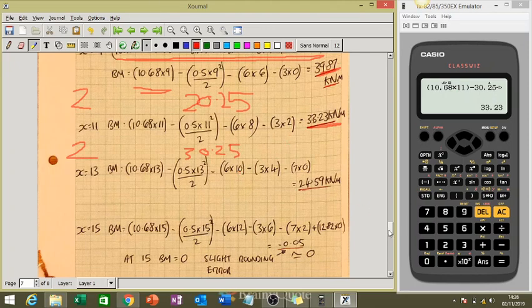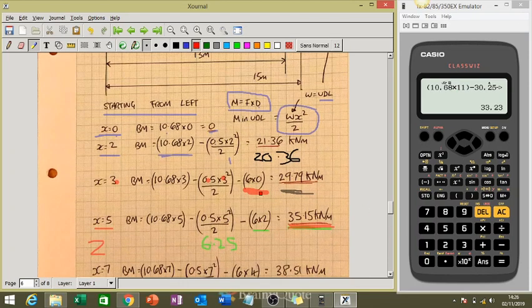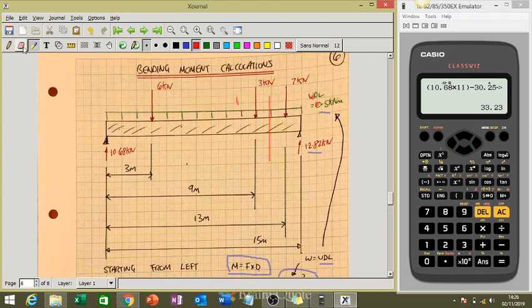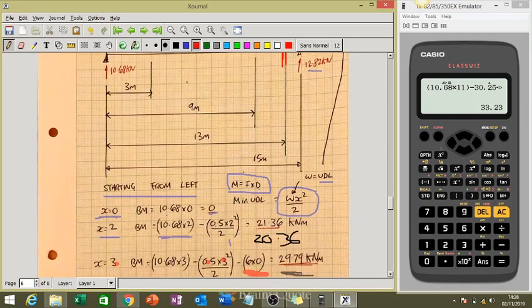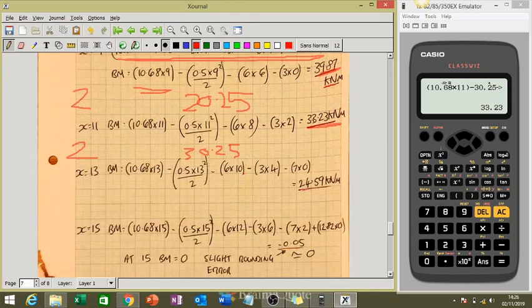We have got the 7, but because we're directly below it, there's no force, there's no moment, because we're directly below it. So that's my x equals 13.